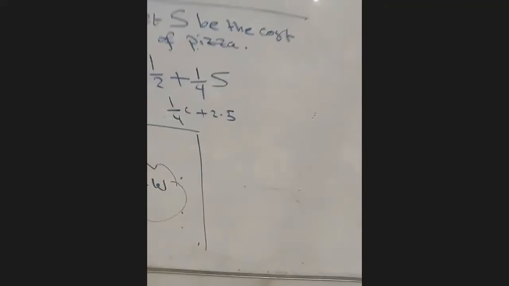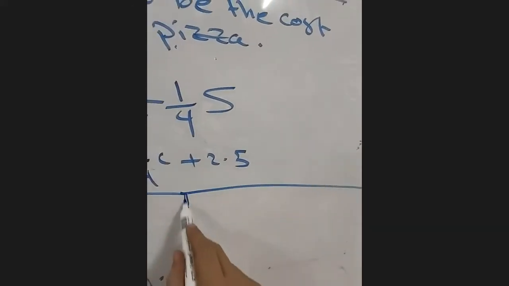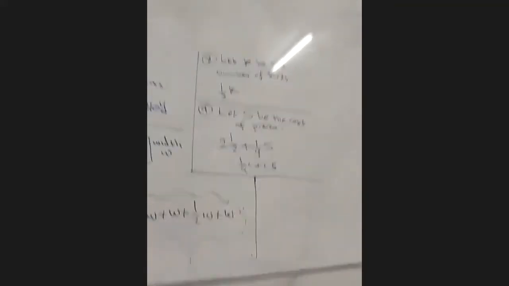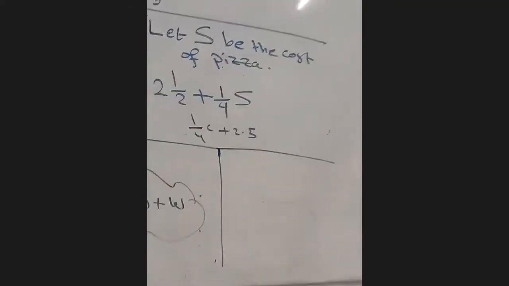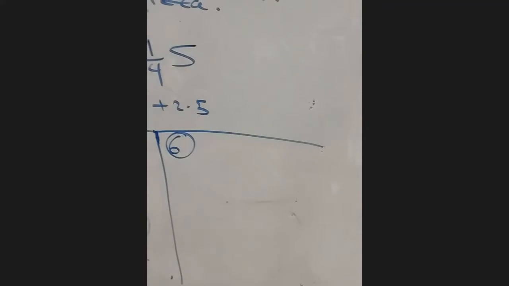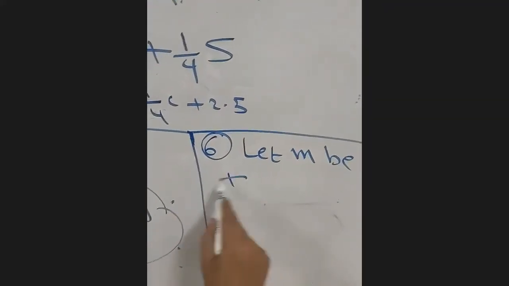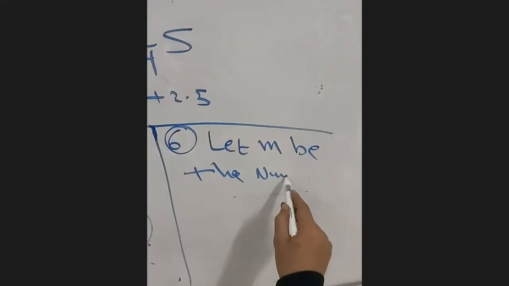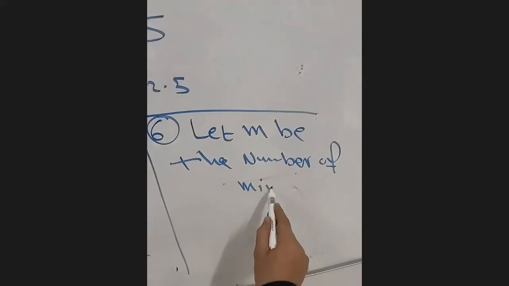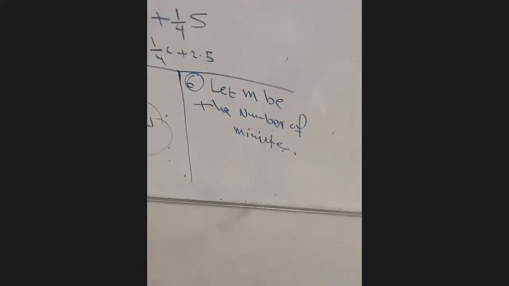Read. 2.5 times the number of minutes spent exercising. What's the unknown value in question 6? Number of minutes. Let M be the number of minutes. Read the question again. 2.5 times the number of minutes.